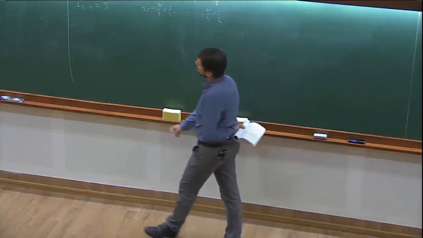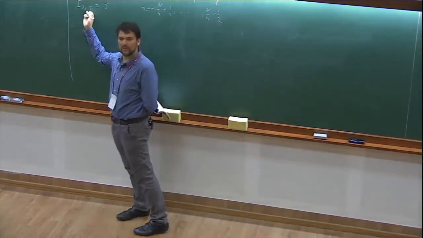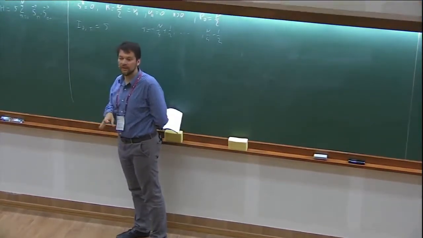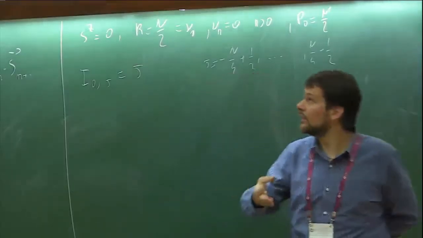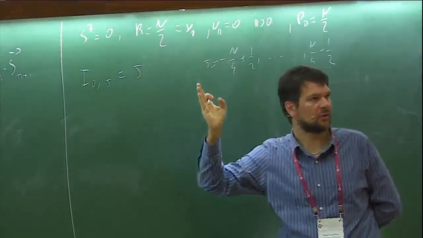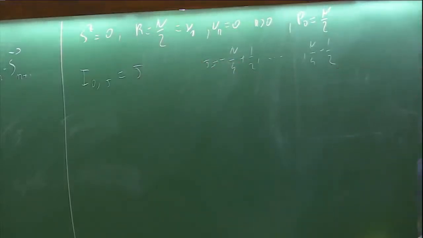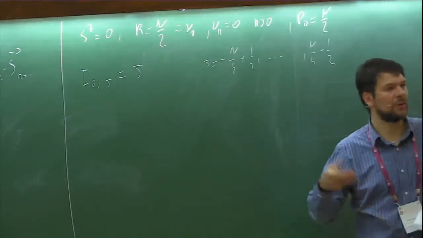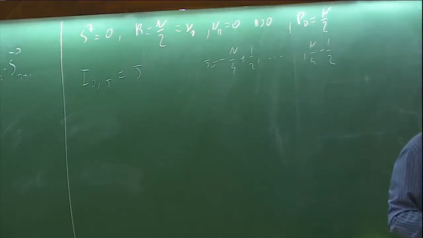So notice that these quantum numbers are actually integers or half integers, depending on whether the number of excitations you have is even or odd. Sometimes I call them integers, but they are quantum numbers which can take these values.